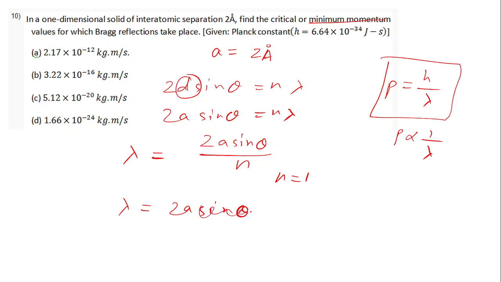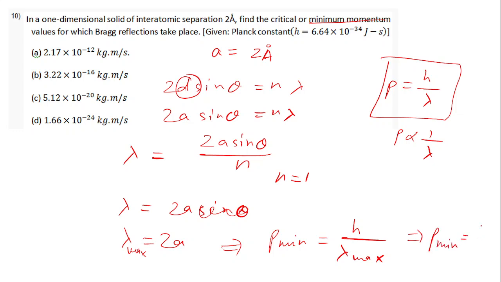So lambda is equal to 2a is the maximum lambda possible, and since lambda is maximum means momentum is minimum, from this relation. And the value of momentum will be h over, because lambda is 2a, so this will be h over 2a.